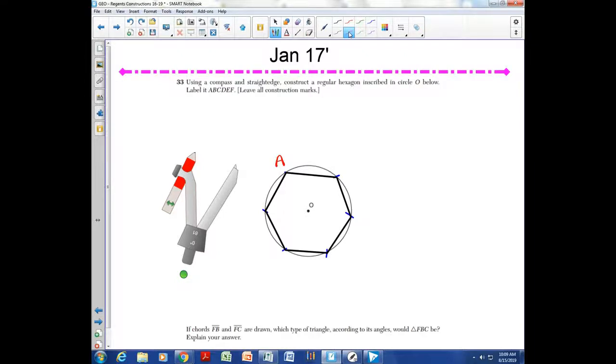But then the B, C, D, E, F do need to be in order, either clockwise or counterclockwise, never crisscrossing. So I'm going to go around clockwise. So A, that'll be B, that'll be C, that'll be D, that'll be E, and this will be F. Okay, so that's 2 points right there.